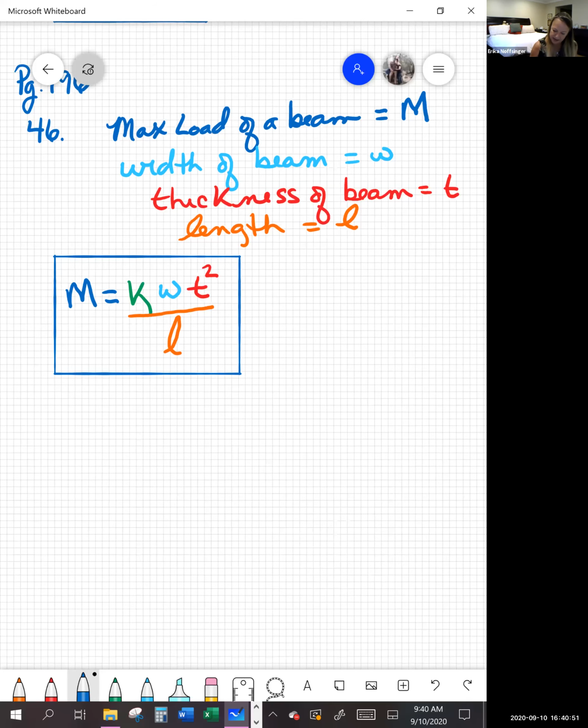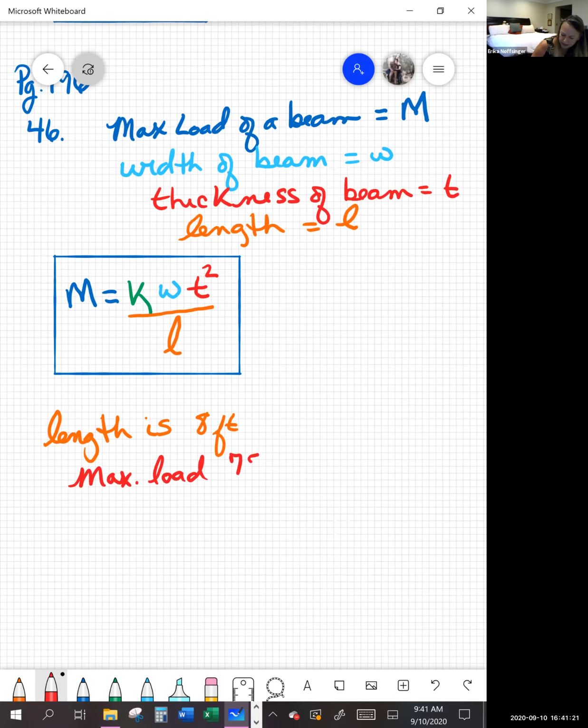So I know what the length is, 8 feet. It will support, so that's going to be my maximum load, up to 750 pounds. Right now we have L is 8, M is 750.